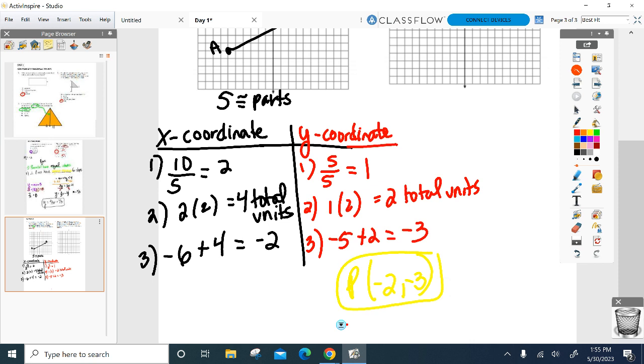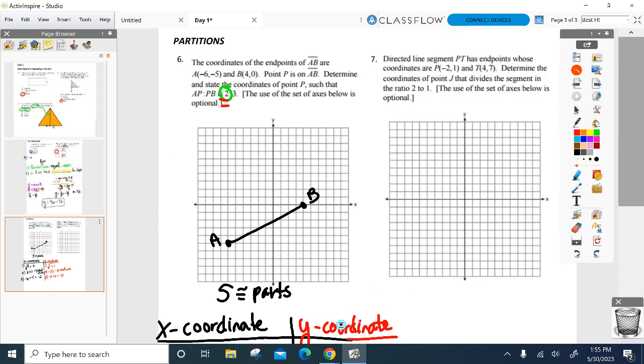Remember at the beginning I said graphing's not optional? Here's why. Easy check. That partition point better be on the line segment. If it's somewhere off, you know you did something wrong somewhere. So if I go to -2, over 1, 2, down 3, 1, 2, oh, smack right on that line segment. And that's not even it either. All right, great, you got it on the line segment.